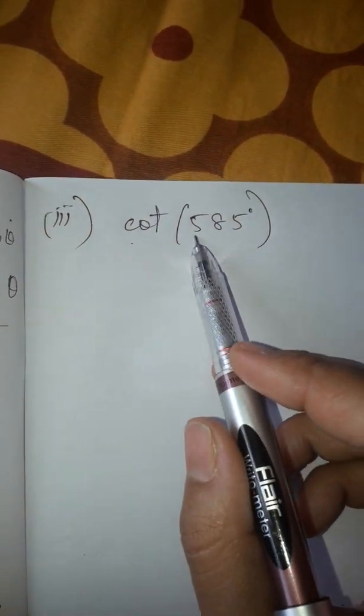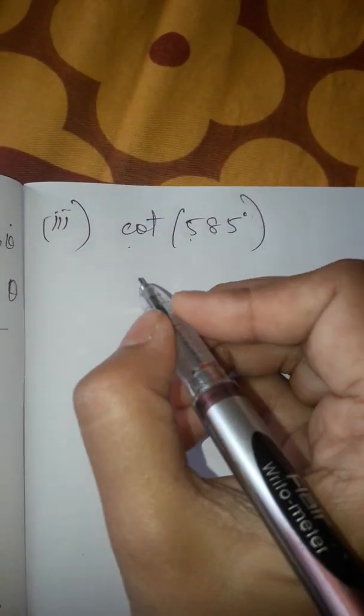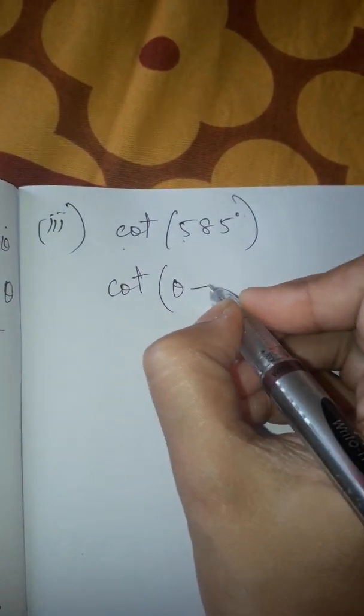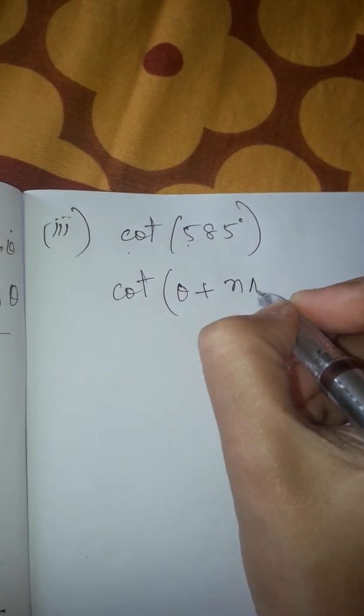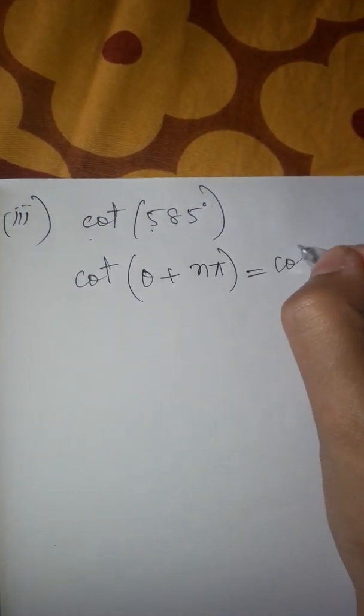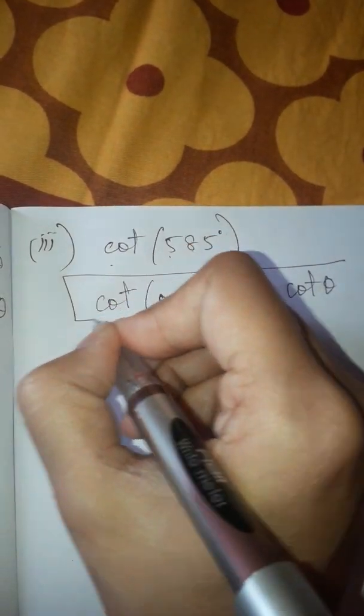Cot of 585 degrees. Now we know that for cot and tan, the value repeats after n pi. That means after 180 degrees, the value of cot keeps repeating.